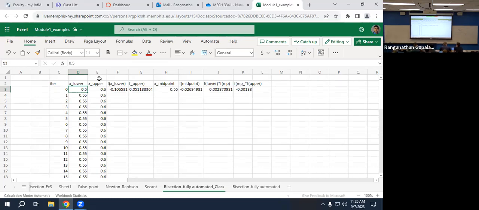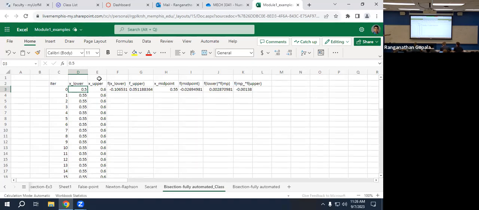So now I am having my equation. I'm trying to solve x minus e power minus x equal to 0. This is my f of x. Okay, and I'm going to say my x lower value is 0 and x upper value is 1. These are guesses that I came up with because I used previously the graphical method to see where the curve intersects the axis.